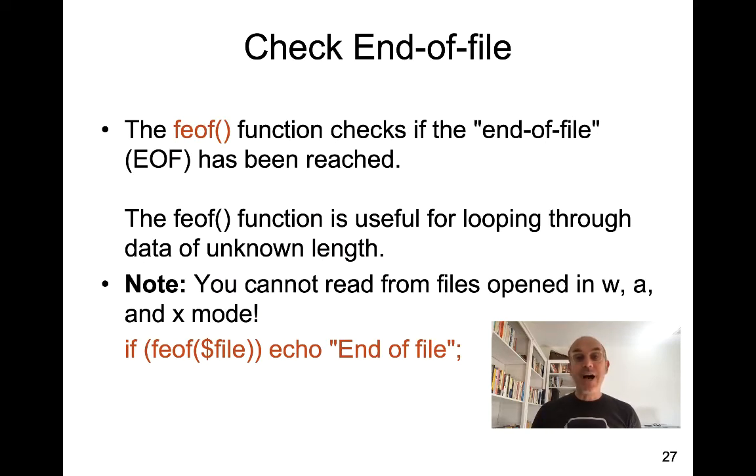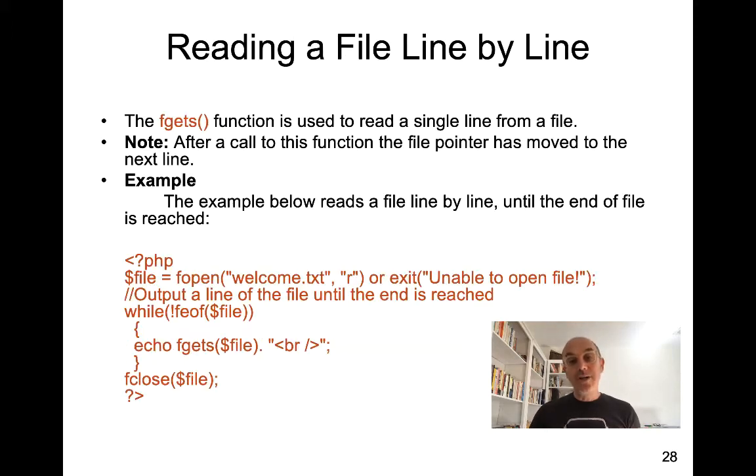Check the end of the file is again something that is really common, and it's used for looping through data of unknown length. So you cannot read from files opened with w, a, and x mode. So it's something that you will need to make a cautious decision about. And the if condition is how to do that. We can ask PHP to read the file line by line.